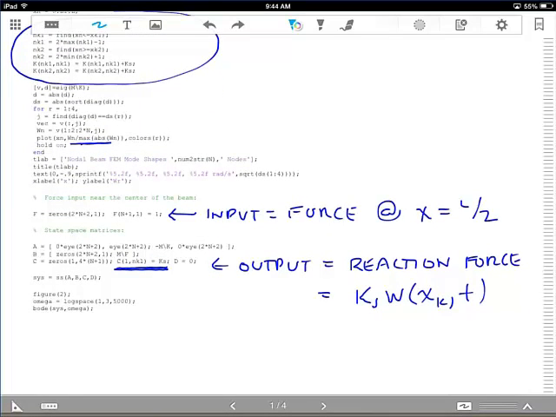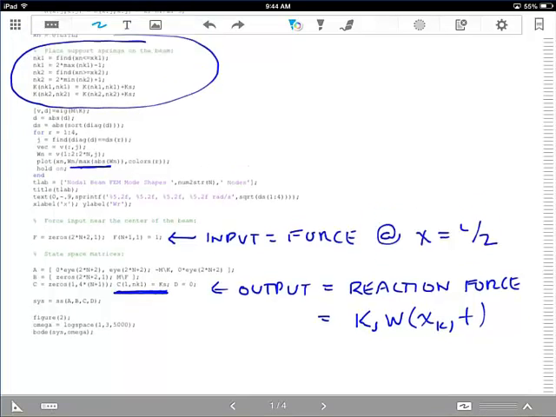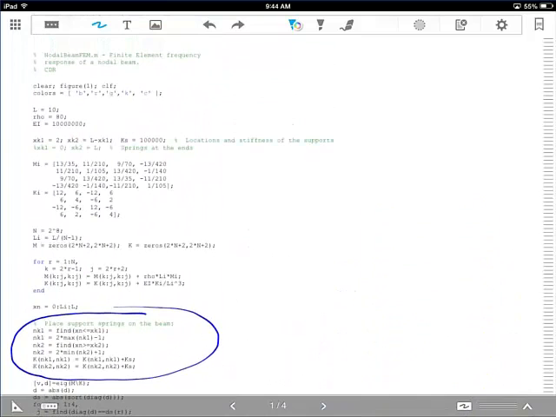And once you have a state space system, you can do a Bode plot, and you get the results shown on the next page.